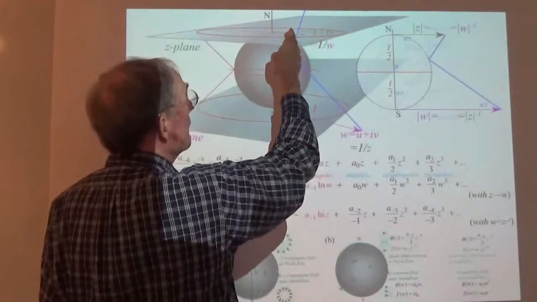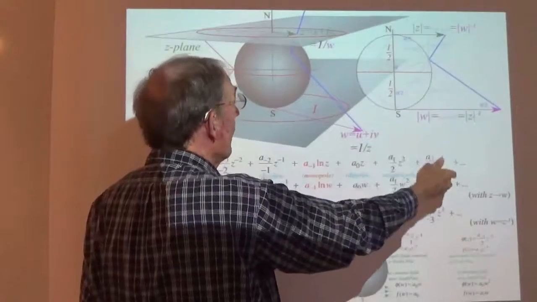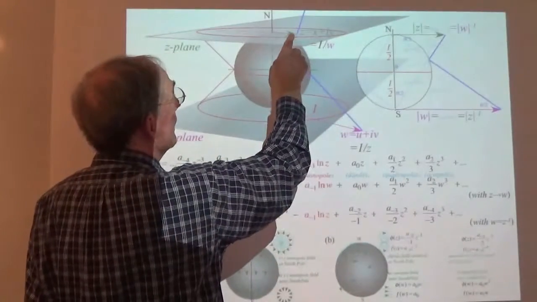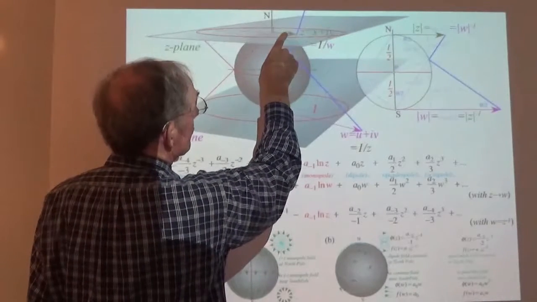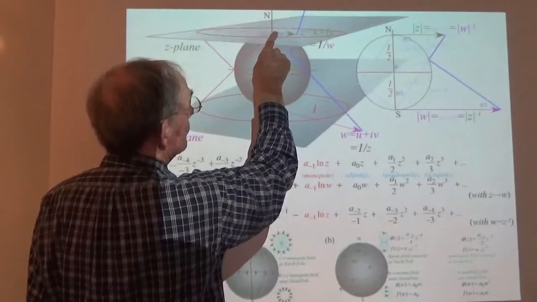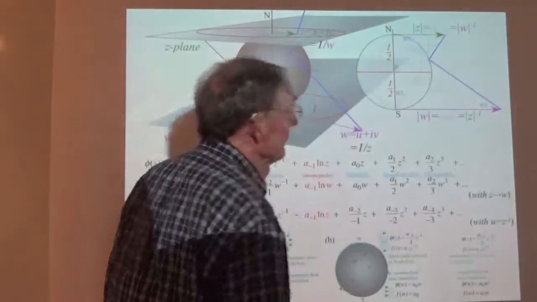So something that's a half here is going to be out at 2 units here, and so forth. As I bring the thing closer and closer to the origin, this one goes marching ever closer to infinity.